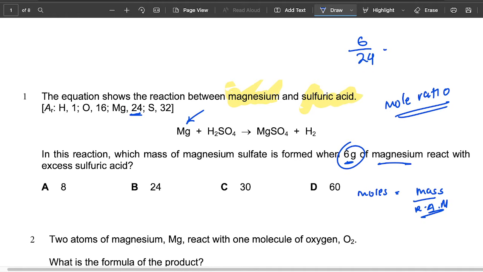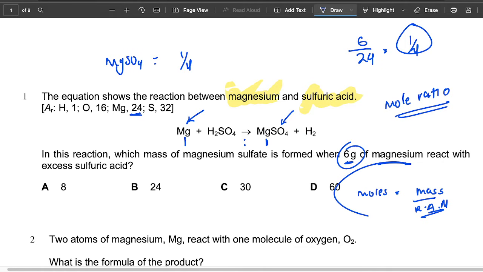So 6 over 24 is 1 over 4, or 0.25. Because the ratio is 1:1, that means magnesium sulfate has a mole of 1 over 4.